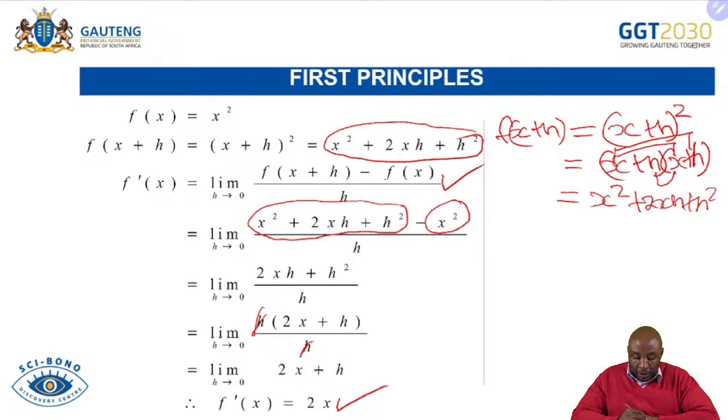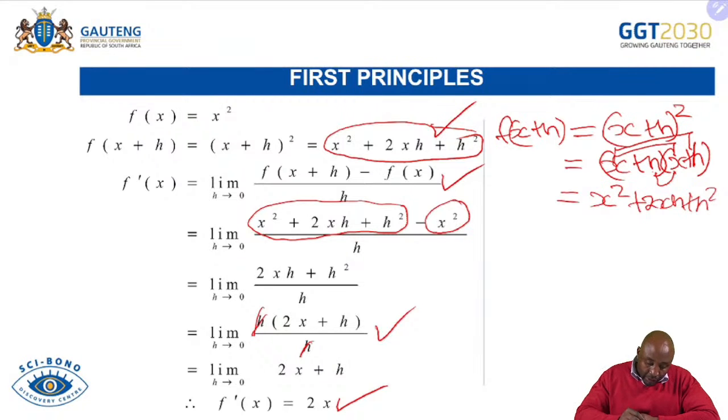So in an exam situation, you will get your expansion of f of x plus h. You will substitute, you simplify. So that mark, either you'll get it up there or you'll get it when you do the substitution into the definition.